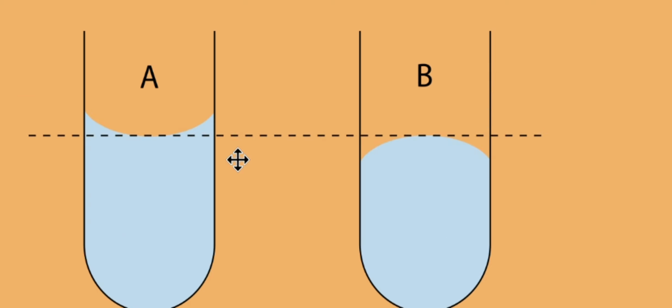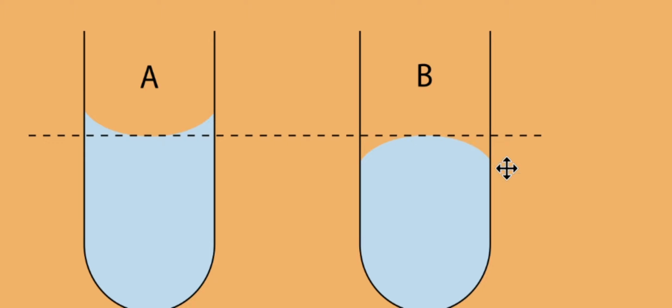Okay, so this is an illustration. So A is concave. Look, it looks like a cave. The outside bits, the water is adhering to the side of the test tube in this case, which gives you this curved shape. B is also curved, but it's curved in the other way. The cohesion of the water molecules in B is stronger than the adhesion.